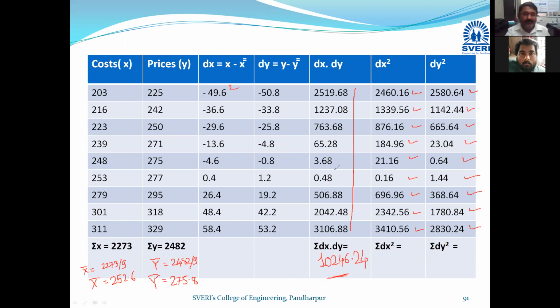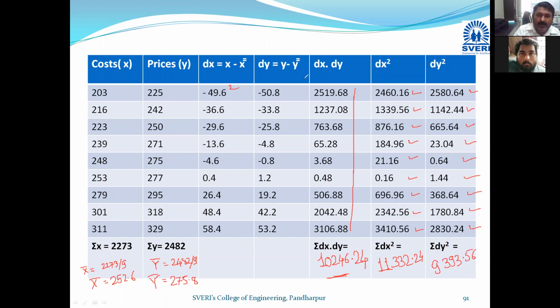The summation of dx square is 11332.24 and the summation of dy square is 9393.56.